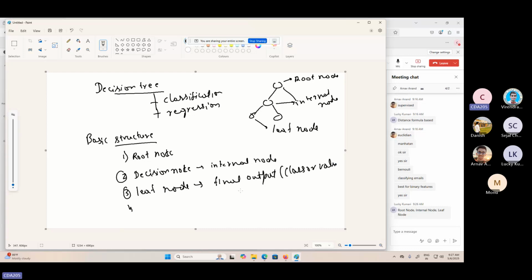And next is the branches. So what are the branches? It is the path from the root to the leaf node.